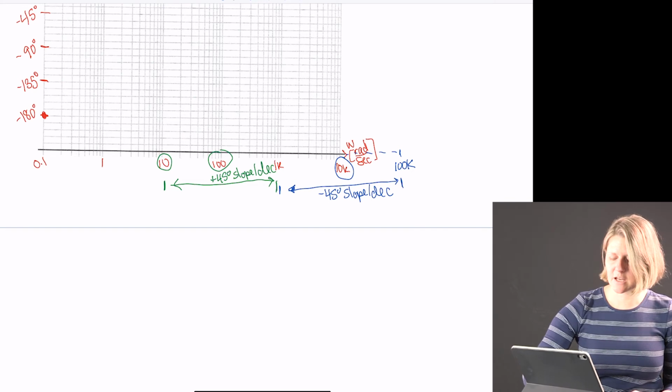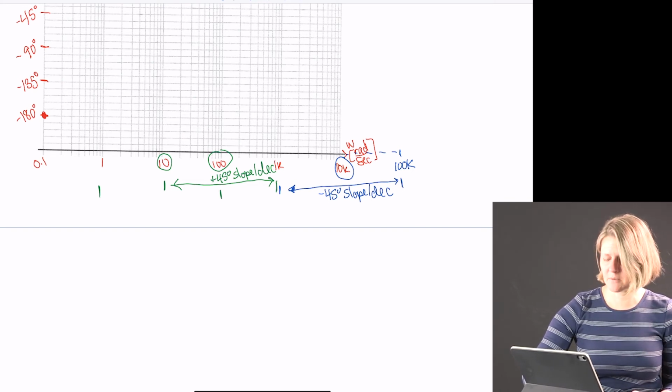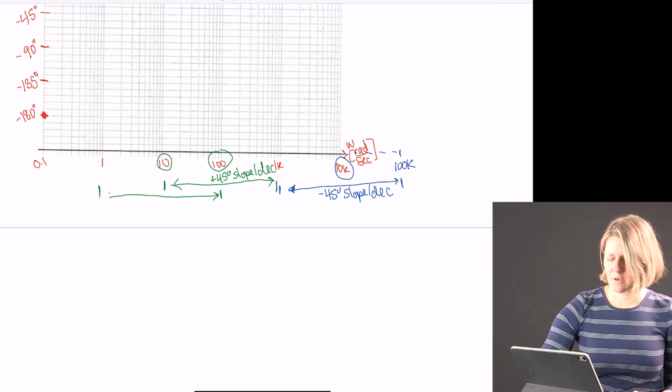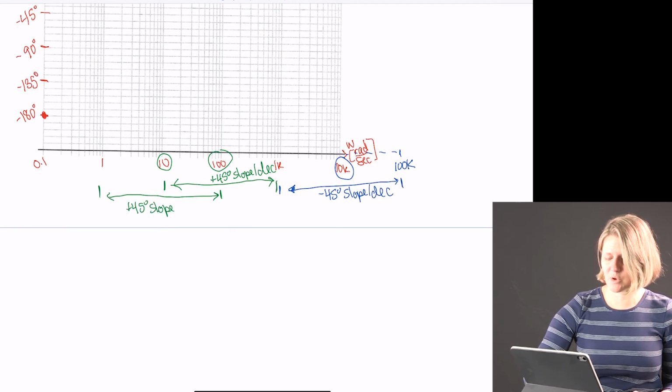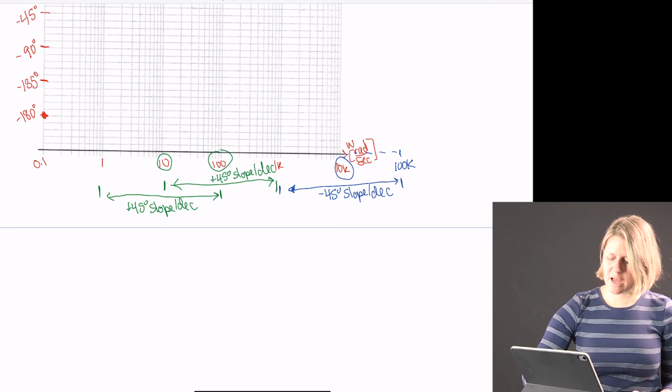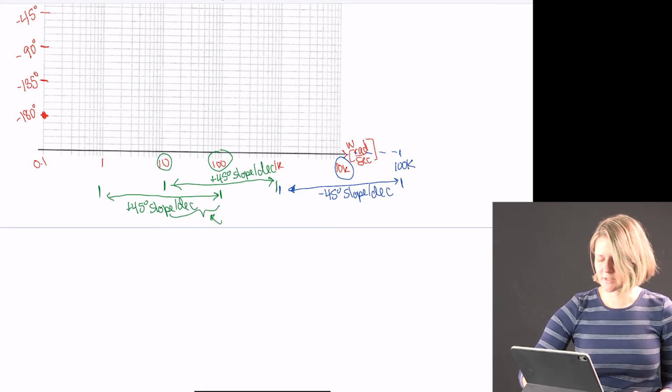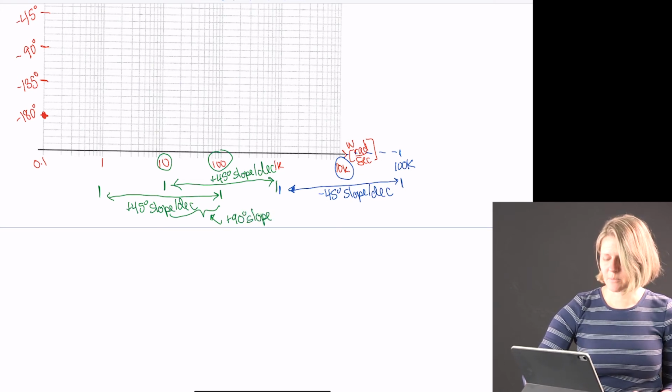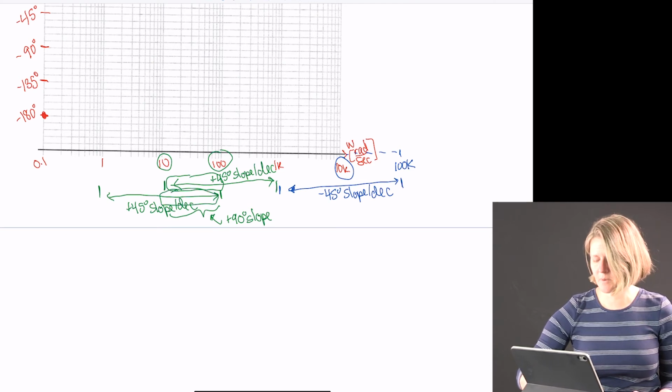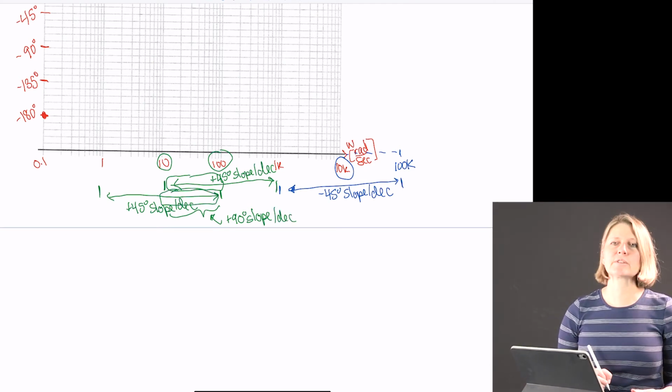And for the 10, it will be 1 to 100. And then I'm going to add the overlaps in between each of them. So this overlap gives me plus 90 degrees slope per decade because I add the plus 45 from this one and the plus 45 from that one. And then I don't have any other areas that are overlapping.